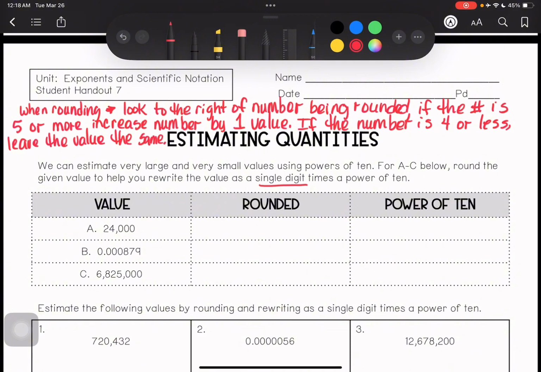We always say 5 or more, raise the score. 4 or less, let it rest. So we say 5 or more, raise the score. 4 or less, let it rest.